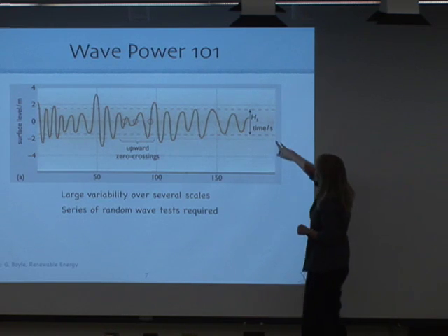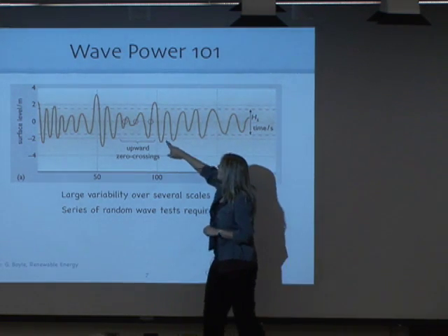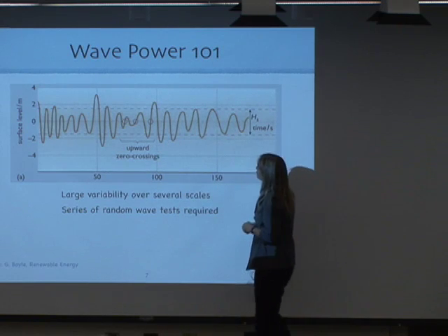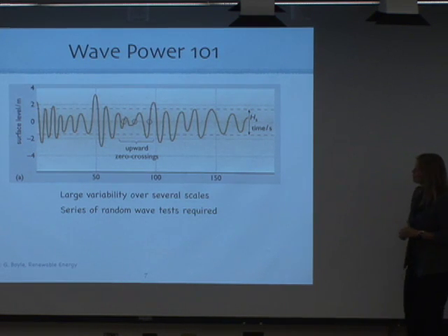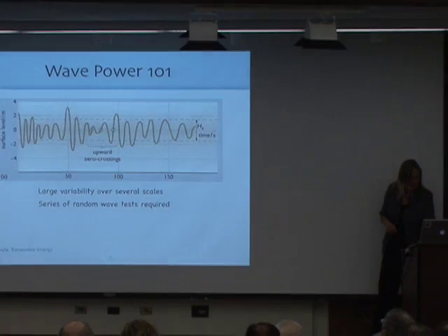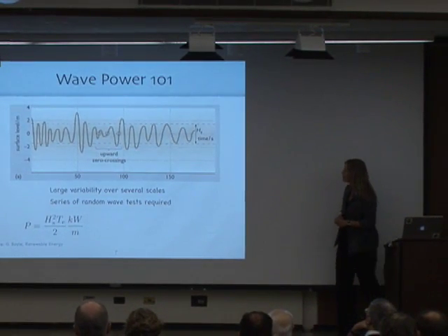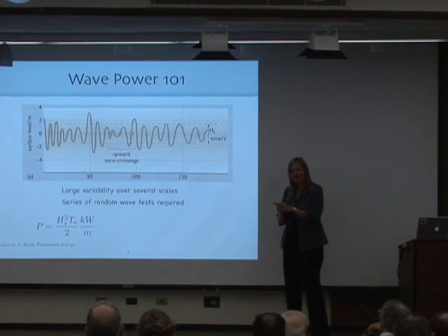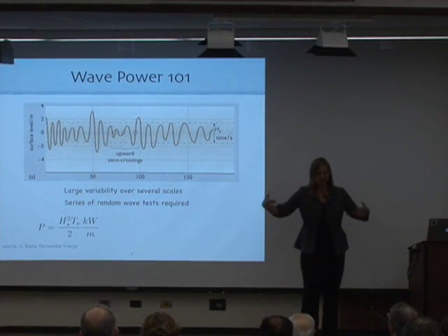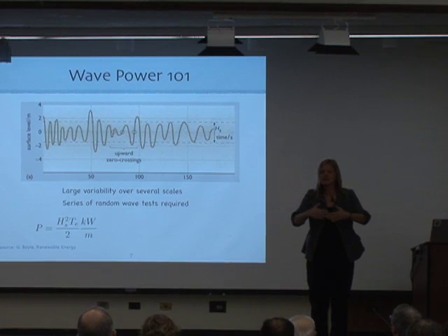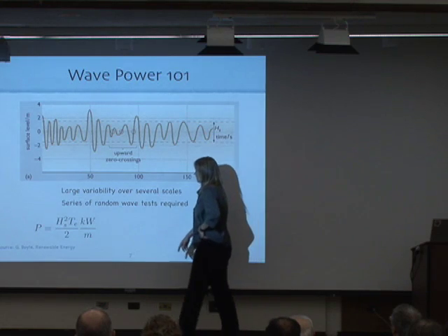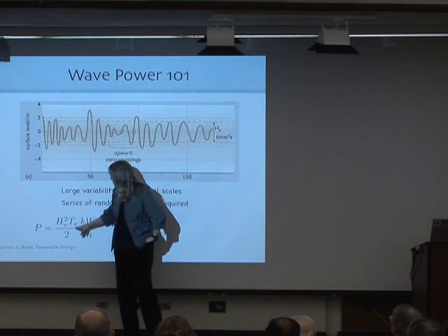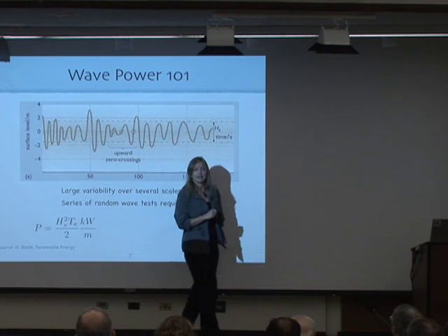And then you're looking at an average period, an average what they call zero crossing of these waves, and you use this in a formula that gives you energy content per meter of crest length. So here's a wave coming in, and every meter of that wave will contain this many kilowatts: H squared times the period T, okay?